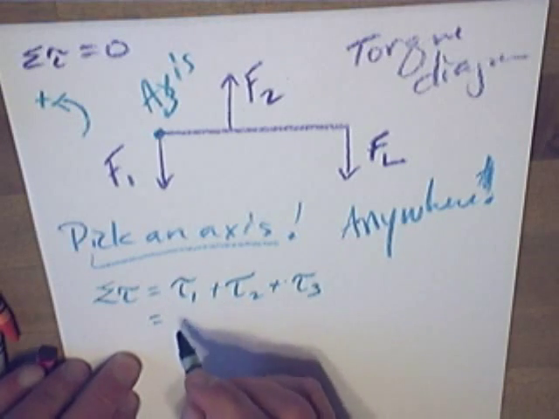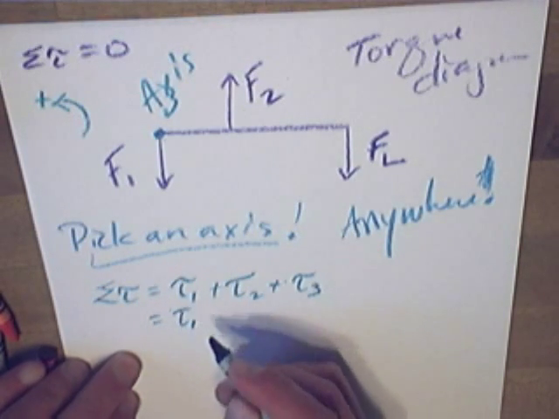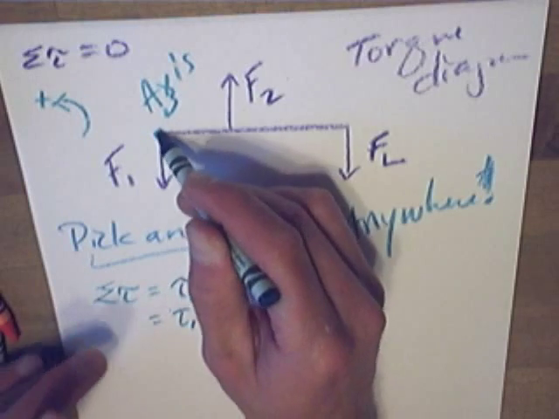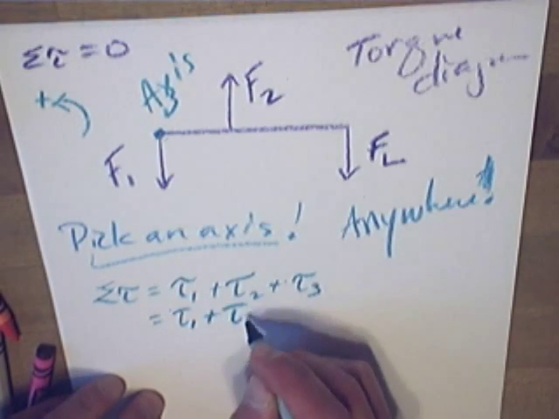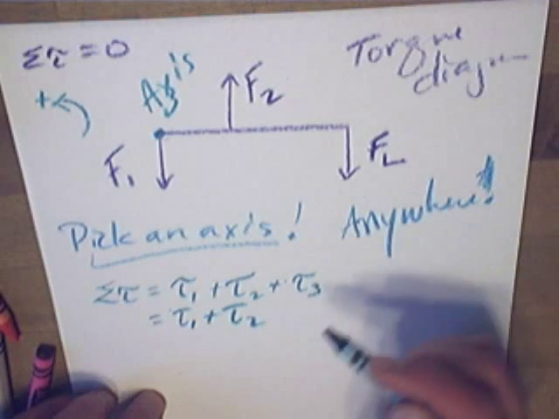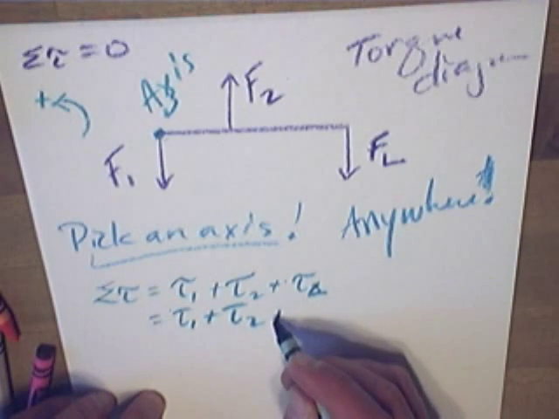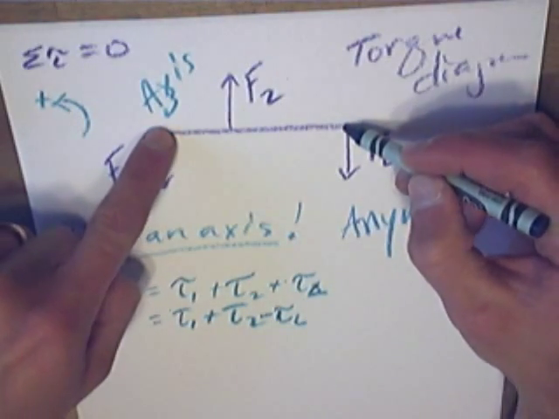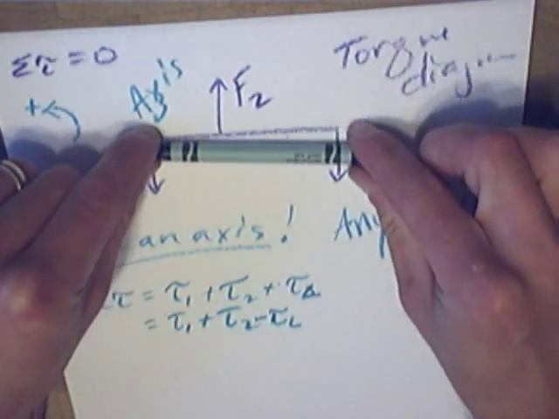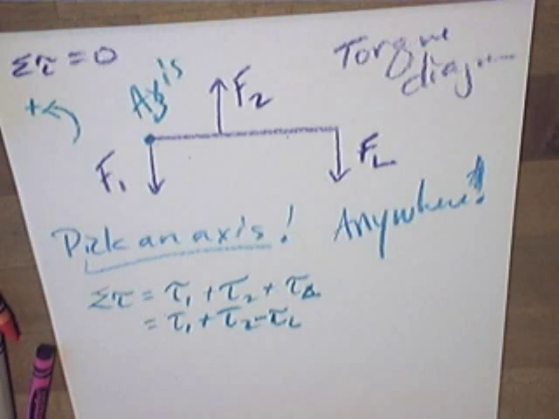Now, the torque due to 1, which way is that, positive or negative? F2 is positive. The torque due to Lubbs is negative, because I'm wanting it to go this way, which is in the opposite direction.